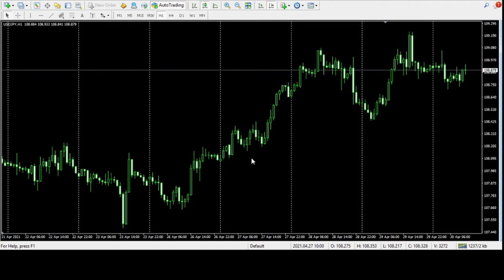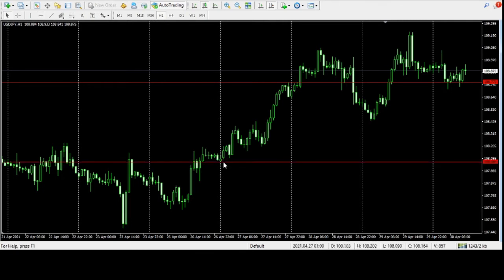How are we going to do that? You go to your horizontal line, pick the horizontal line here, then look for the high of that 27th, because you want to trade on the 28th. Then the low is here.